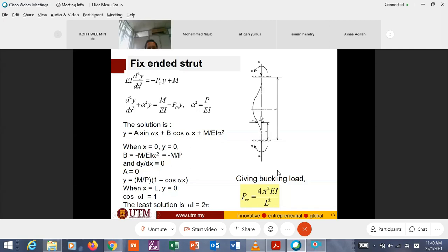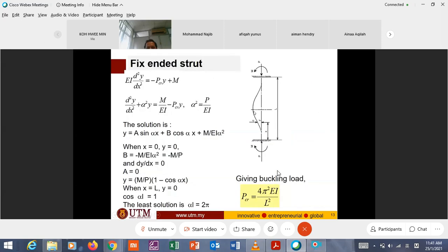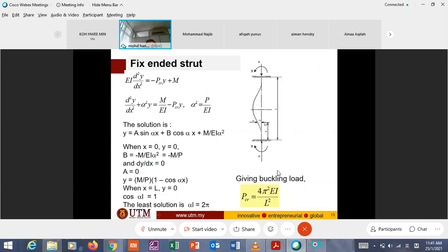In the d squared y equation, you have a moment here. We have P_CR multiplied by deflection, and here we have another one, M, the fixed end moment. Therefore, I don't have to go into detail.